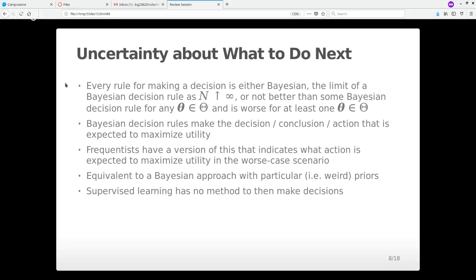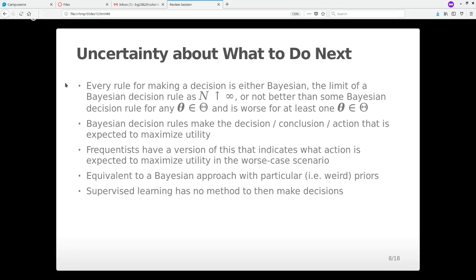And the Bayesian decision rules are basically this. Make the decision, take the action, that is expected to maximize your utility function. That utility function is going to depend on the unknown parameters that you just got the posterior distribution of, and different decisions that you could make.